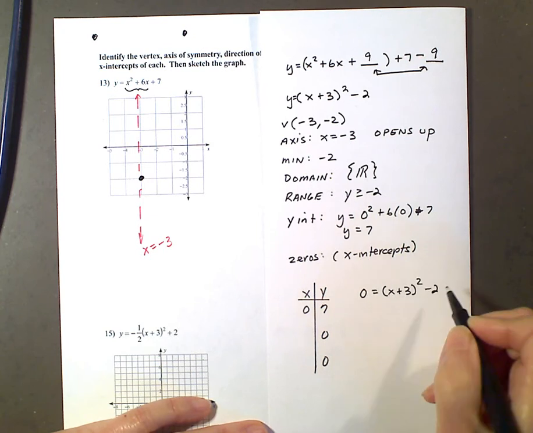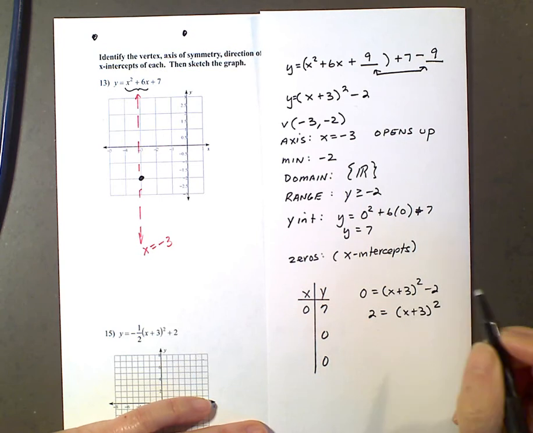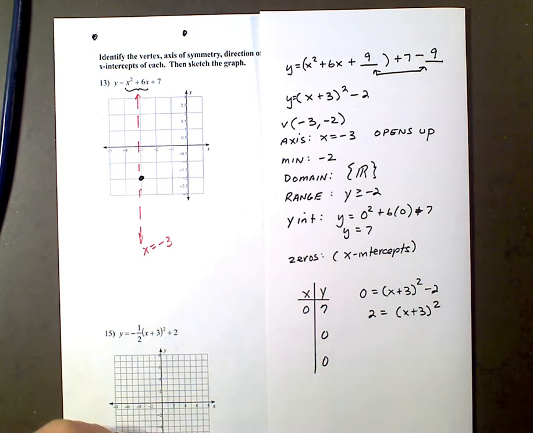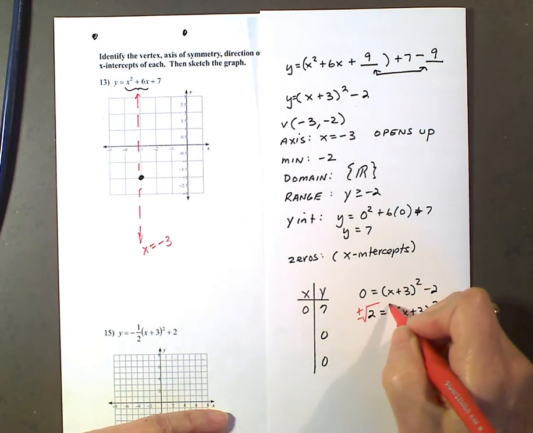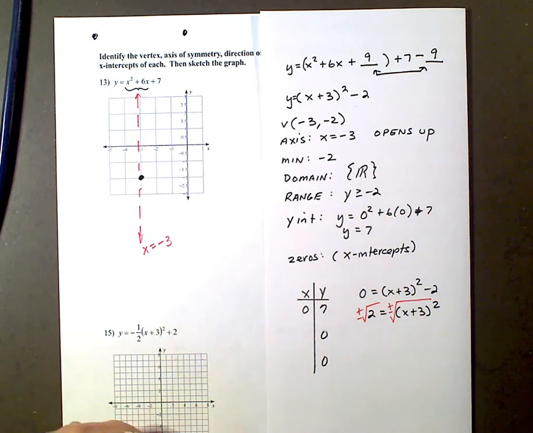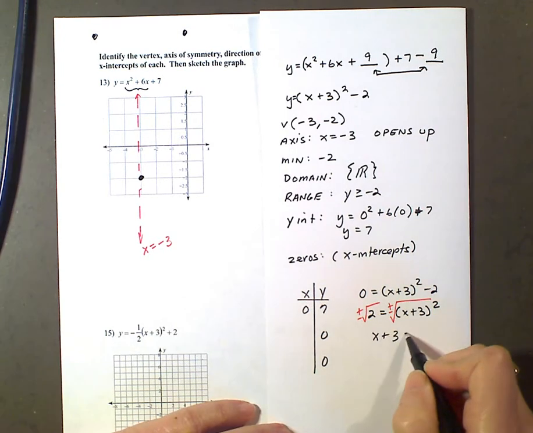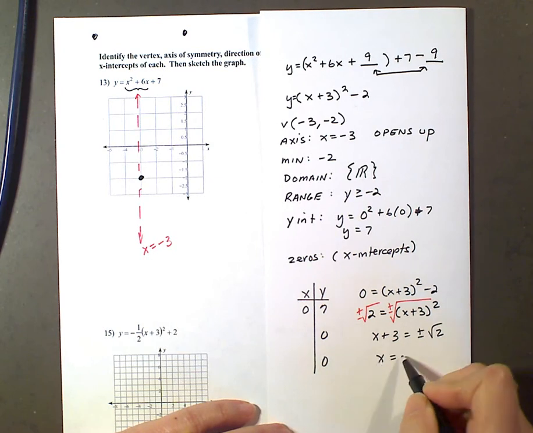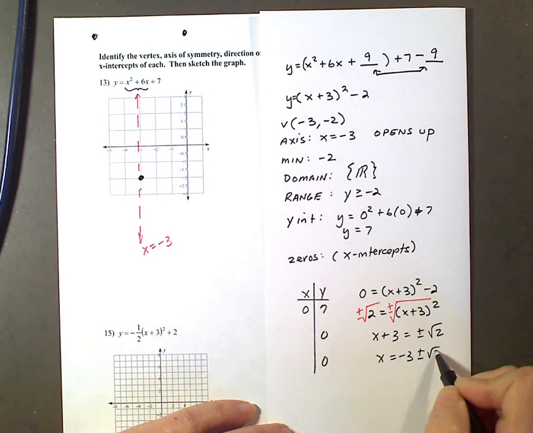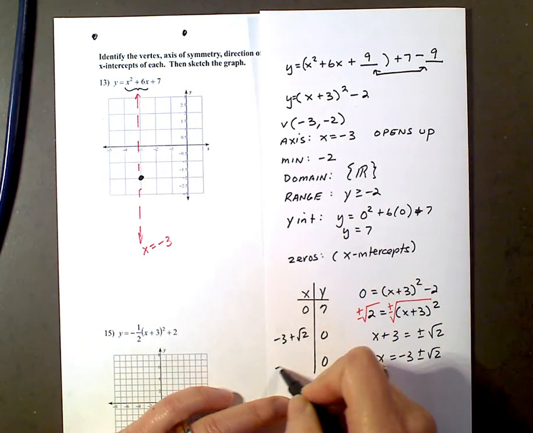So adding 2 to both sides, and then I take the positive and negative square root of both sides. So this is going to be x plus 3 is equal to the positive or negative square root of 2. So x is equal to negative 3 plus or minus the square root of 2. So negative 3 plus the square root of 2, negative 3 minus the square root of 2.